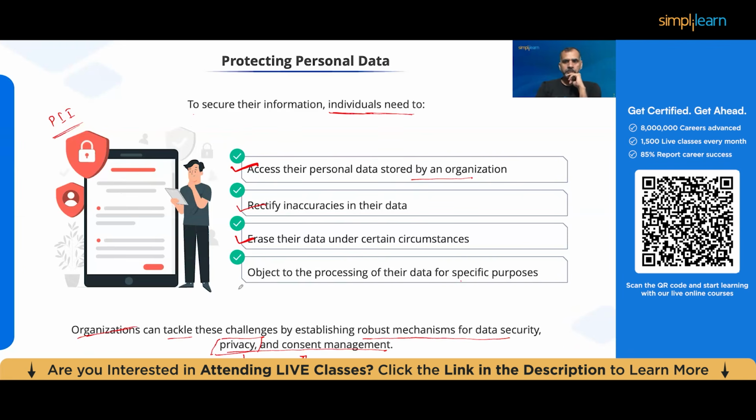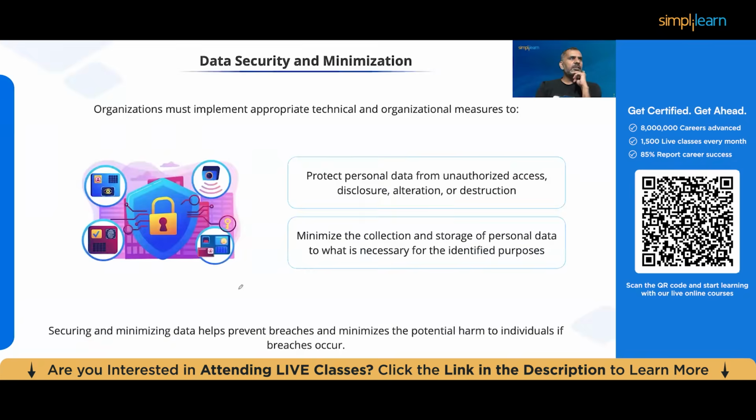It's simple. In that process, we have to implement some data security. And as I said, minimization can be one of these steps. When we talk about security, it means implementing all the security measures or safeguards that protect your data from any unauthorized access, disclosure, alteration, or destruction.